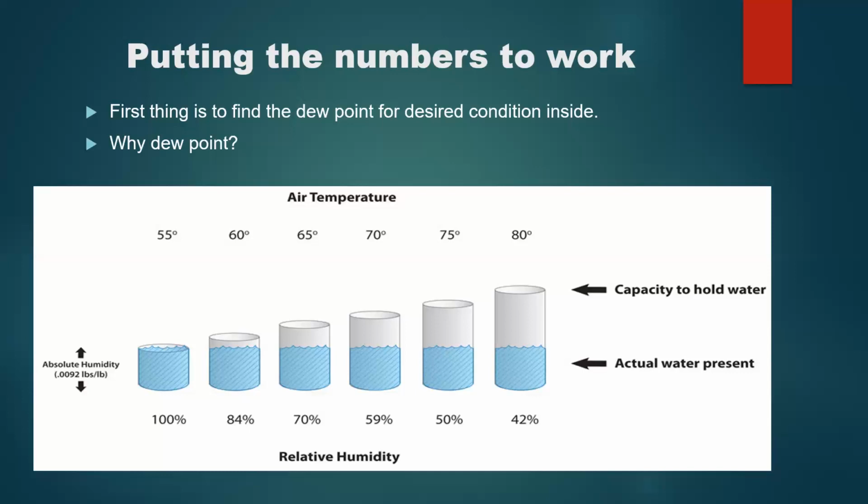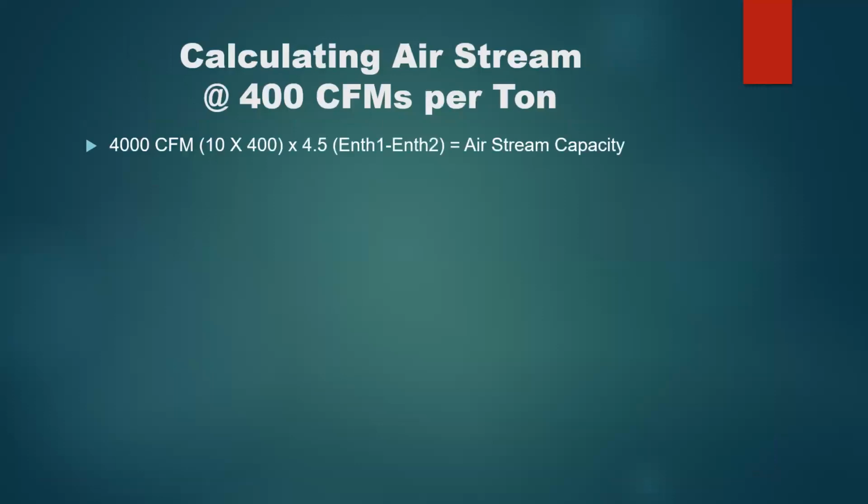So when we start doing our calculations, we're going to be looking at the 4,000 CFMs times 4.5 times the difference in enthalpy.